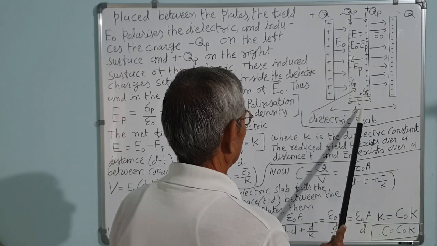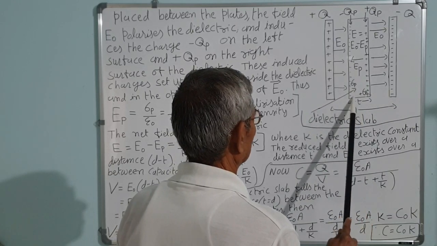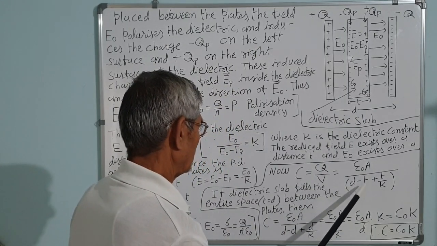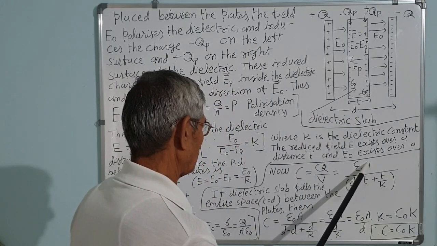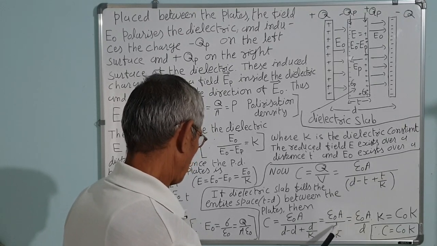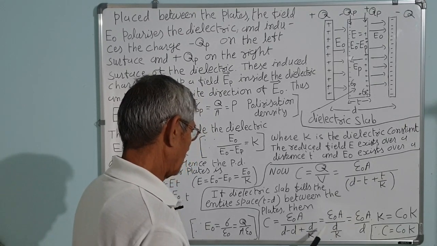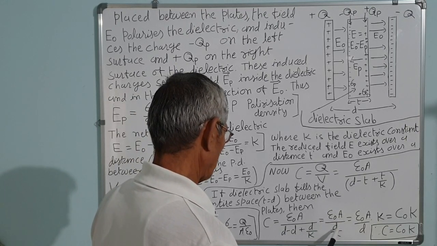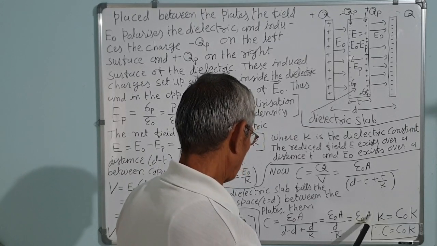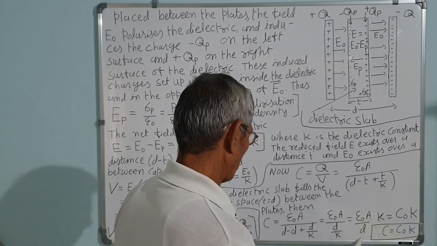The thickness of the dielectric T becomes equal to D, so T will be D, that is epsilon 0 A upon D minus D plus D upon K, correct. That is equal to epsilon 0 A upon, this is 0, D upon K, that is equal to epsilon 0 A into K upon D.